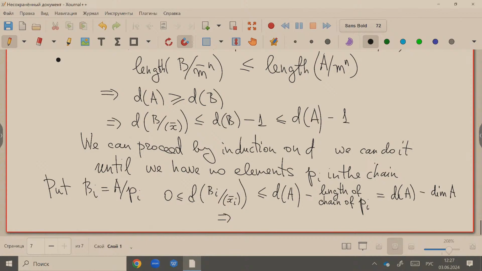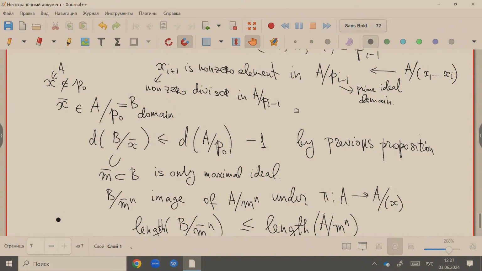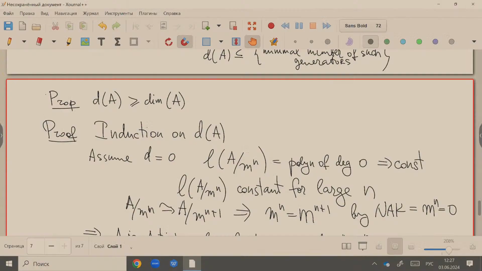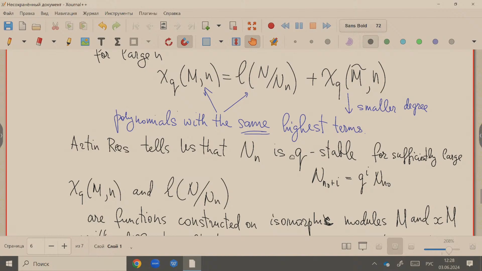And so this implies that d of a is bigger or equal than Krull dimension. So this gives you precisely this bound.